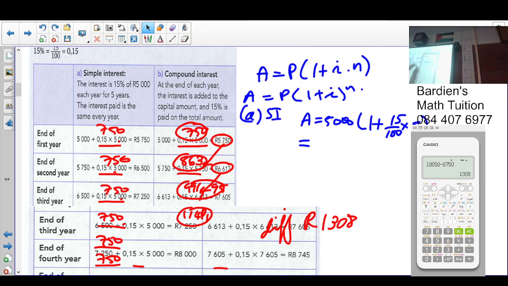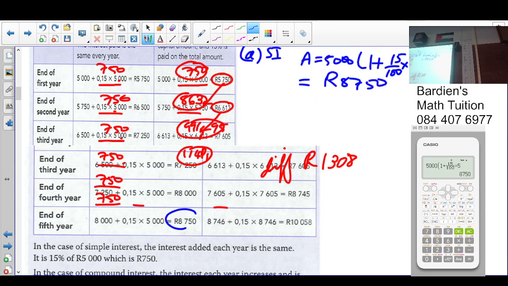That will give you an exact value here, so that was not rounded. So it's 5,000 into 1 plus 15 over 100 times 5. That gave me an answer of 8,750.